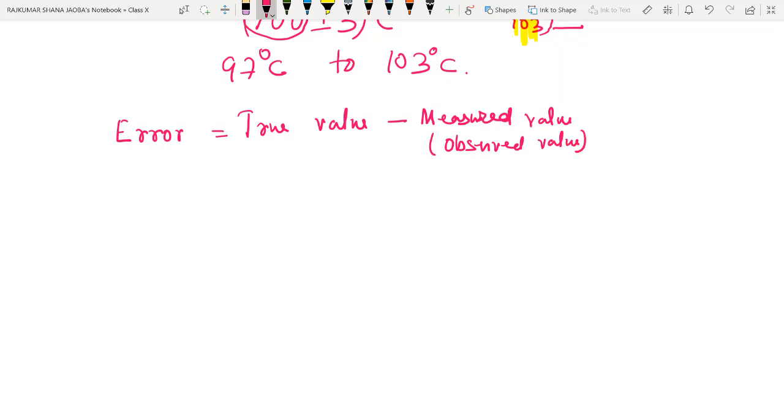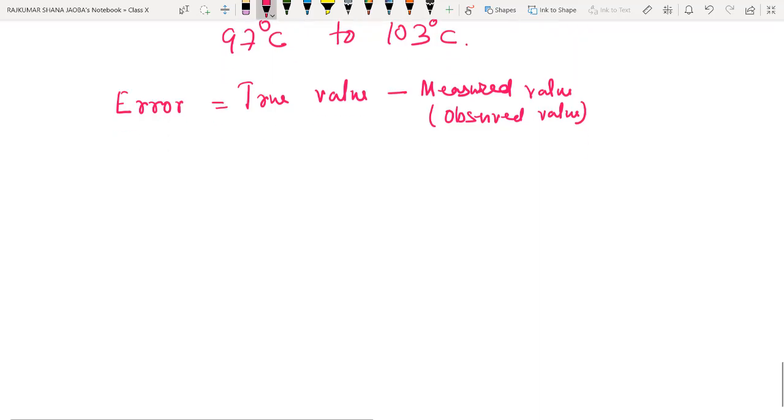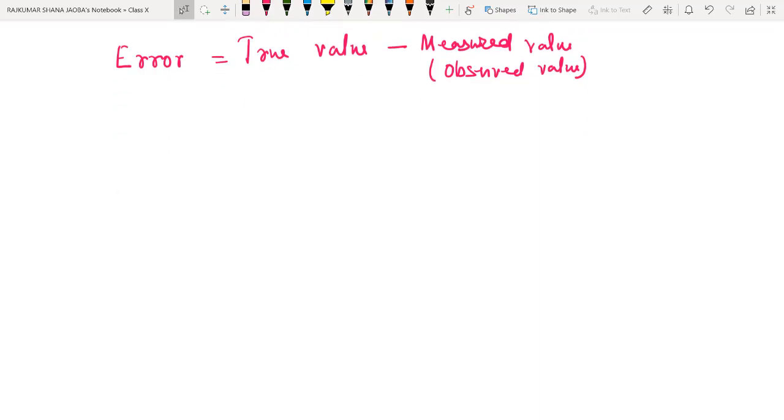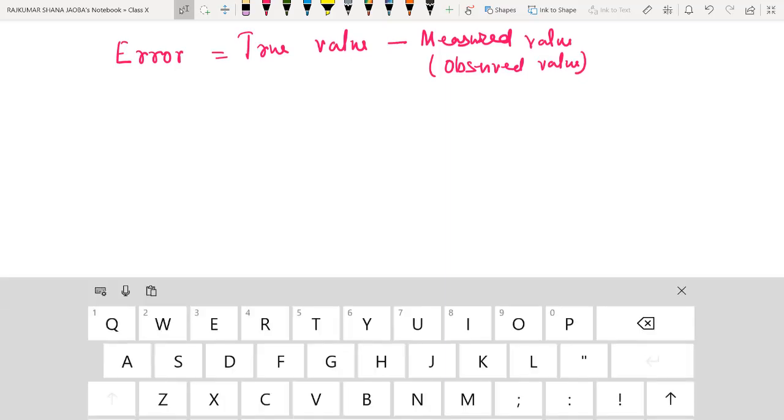So error is defined as the difference of the true value and the measured value. Now what are the types of errors?